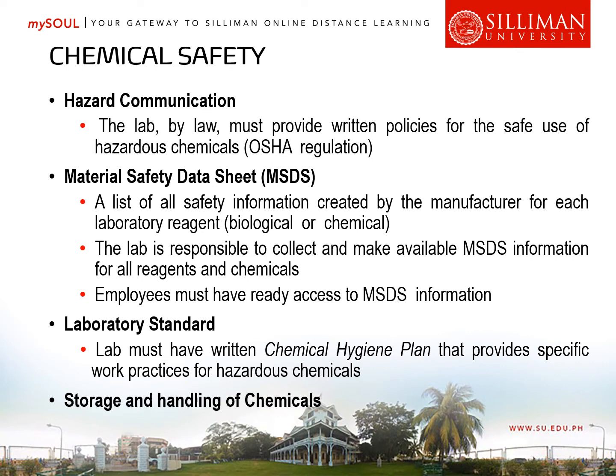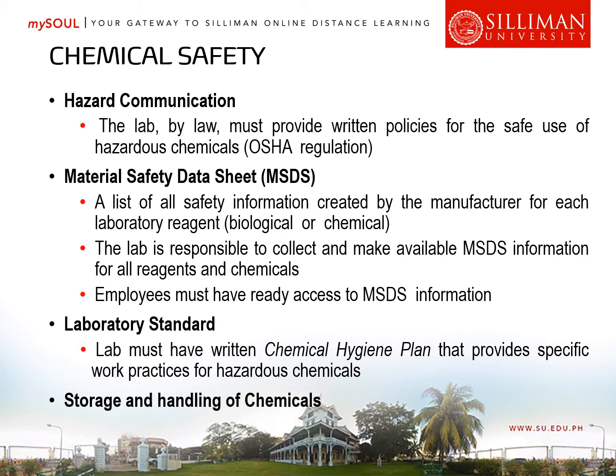The lab must provide written policies for the safe use of hazardous chemicals. This is also part of OSHA regulation. So if your laboratory is OSHA regulated, it must adhere to the rules and protocols set by OSHA when it comes to chemical safety.